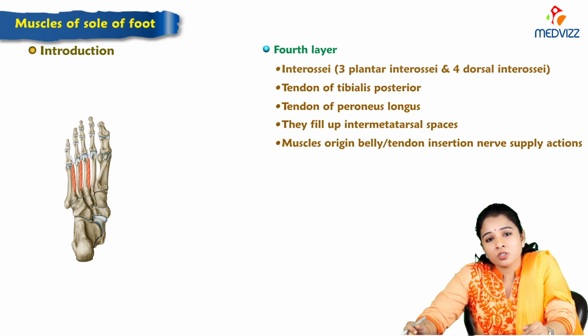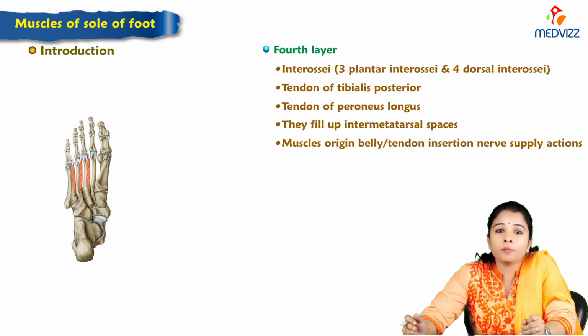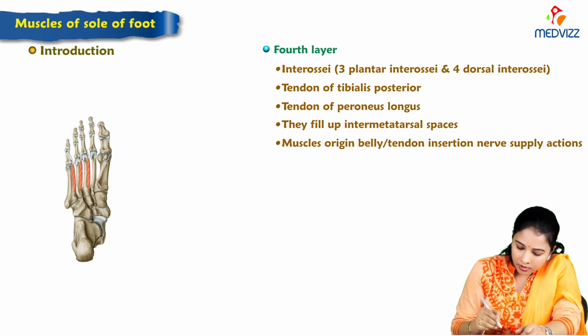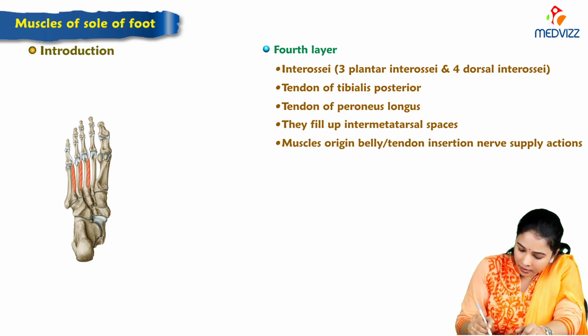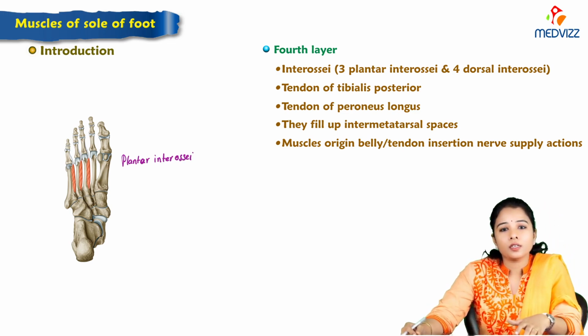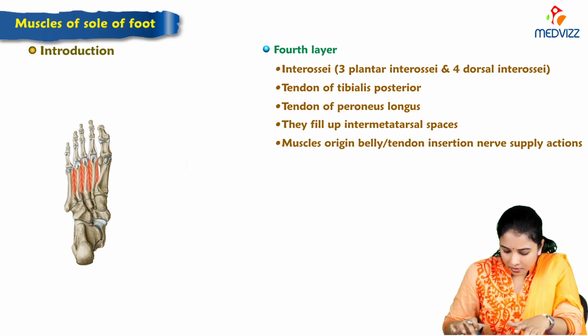The fourth layer is the interossei layer, where we have 3 plantar interossei and 4 dorsal interossei. These 3 are the plantar interossei, and these are the 4 dorsal interossei.